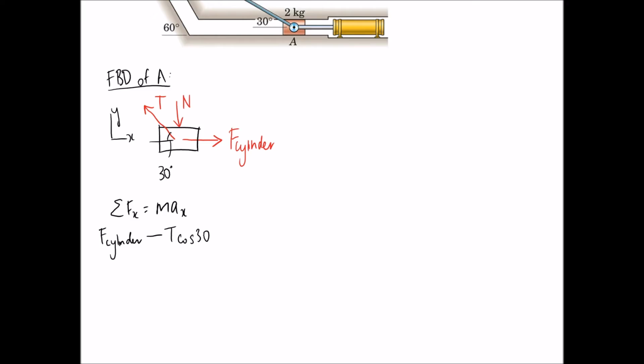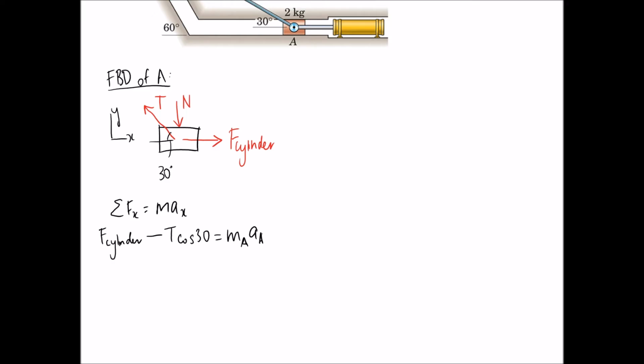The N is in completely the Y direction, so it doesn't make its way into this one. And on the other side, we have the mass of the block, which is M_A, multiplied by its acceleration, which I'm going to call a_A. And we know that this block is only able to move back and forth in the X direction, so this is its overall magnitude as well.